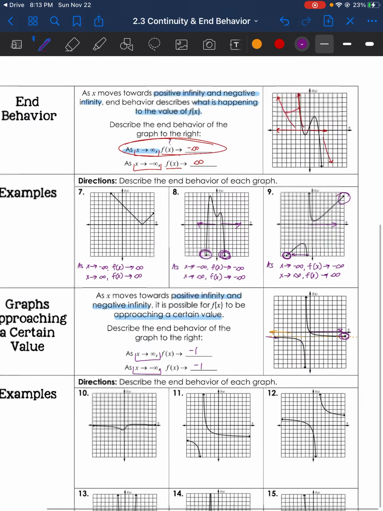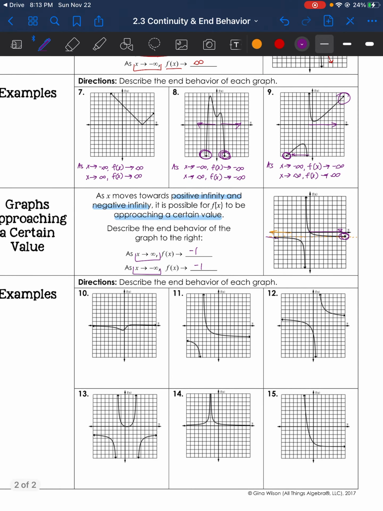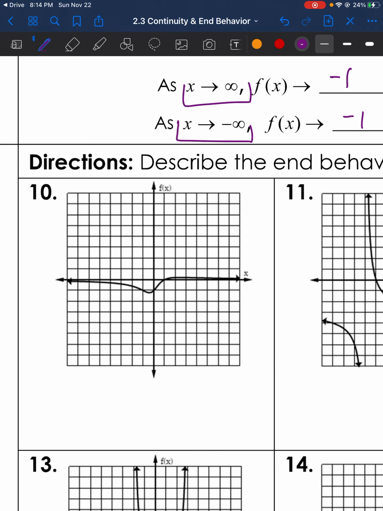Okay. All right, so let's take a look at these last 6 examples. Number 10, as x approaches -infinity, going this way, it looks like there's a horizontal asymptote here on the axis, so at y equals 0. And y is just going to get closer and closer to 0.